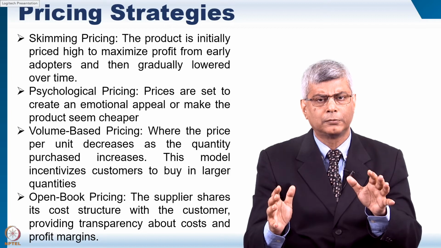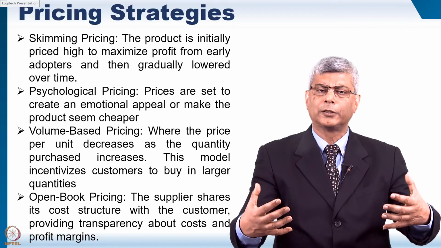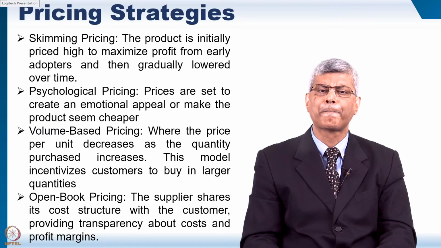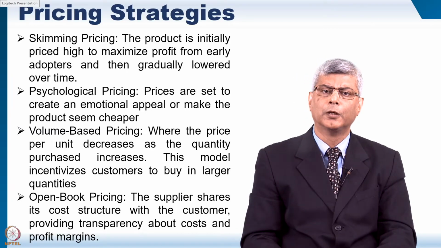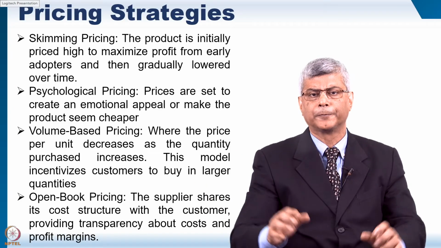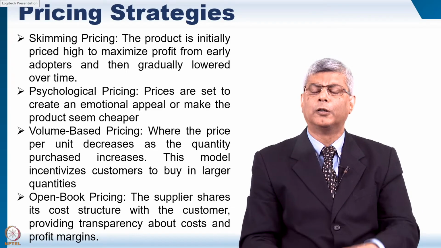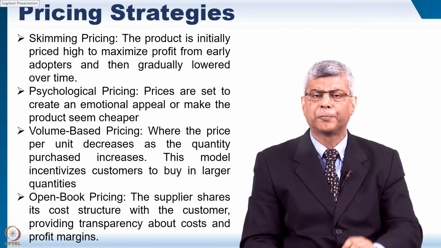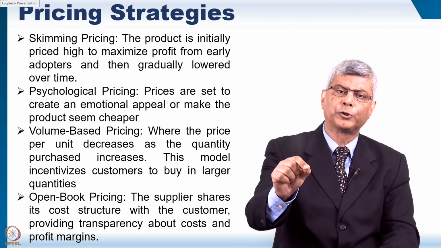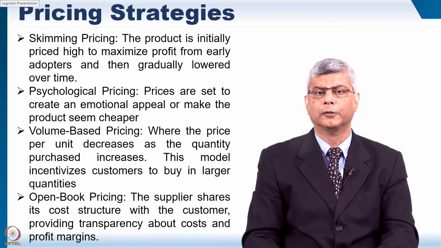And then we've got a very specialized kind of pricing, which is called open book pricing. When you're doing a very large, complex project, like building a long road, which may cost $1 billion, thousands of crores, building a large bridge, or doing some civil construction project, or power plants, or just doing a big supply chain project, the supplier may say, okay, I'll open my books to you, and you give me a fixed margin of 5%, 10%, 15%, 20%.